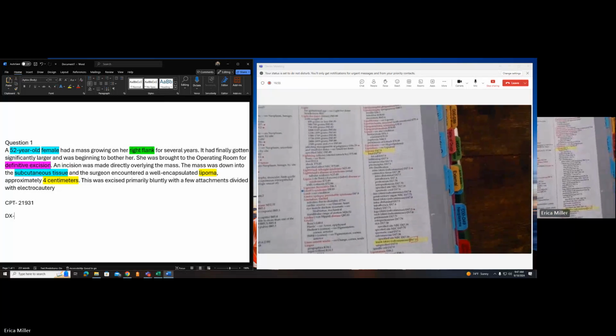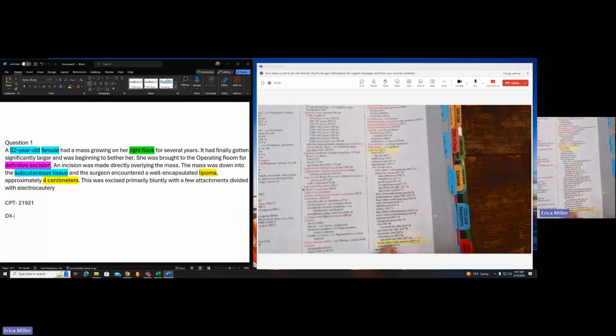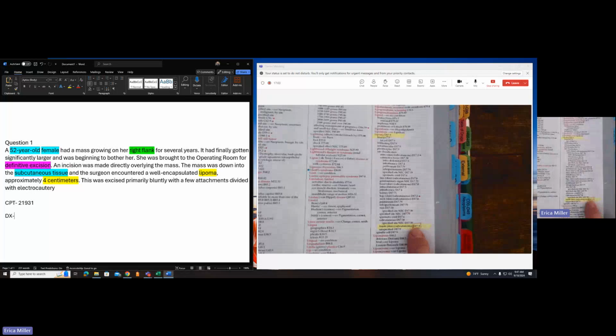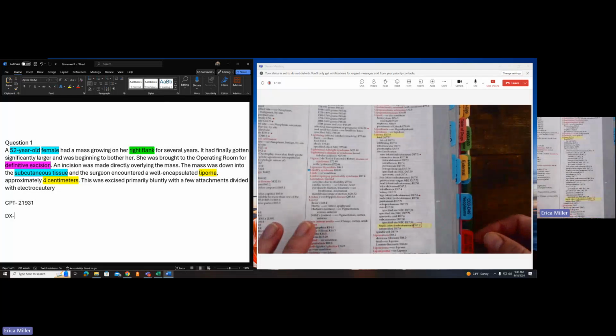Lipoma, and then I start looking for my anatomic site. I found trunk, skin, subcutaneous, D17.1. Fantastic. All right, so now I'm going to go over to my D codes.